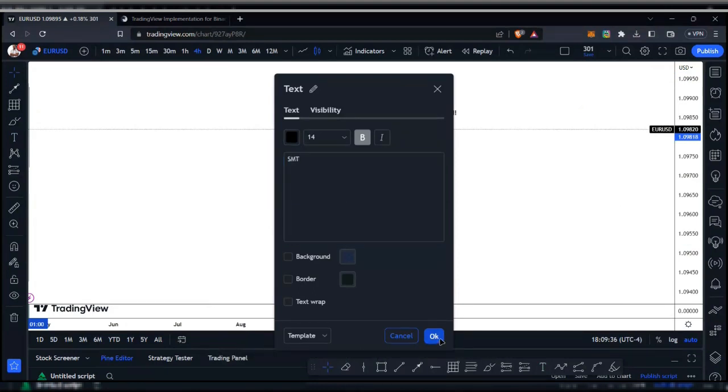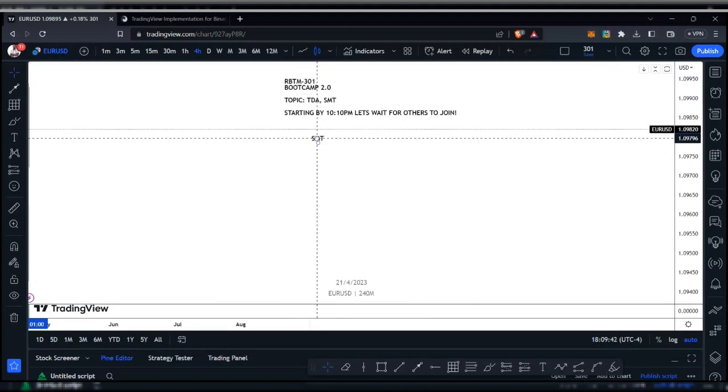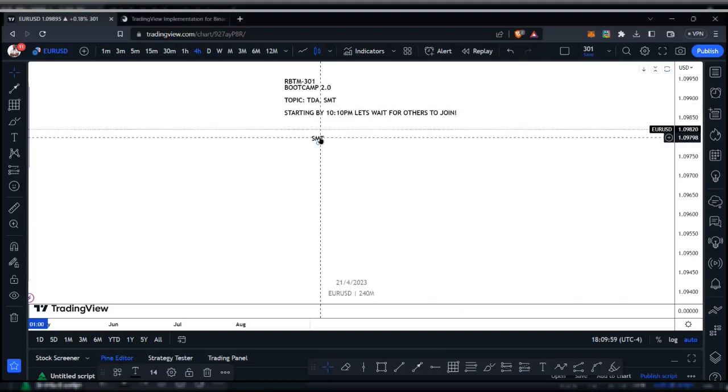So SMT, also known as divergence, also known as smart money technique. Where do I start SMT from? Now, divergence is basically correlation between two assets.